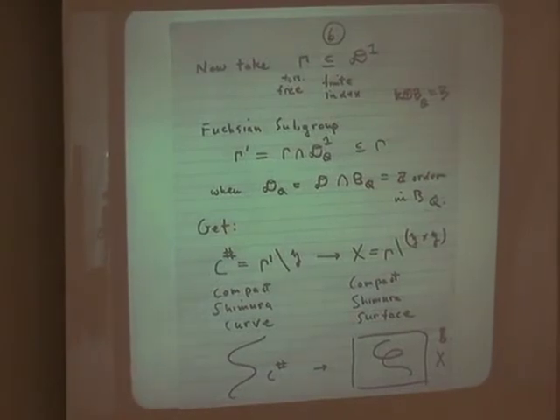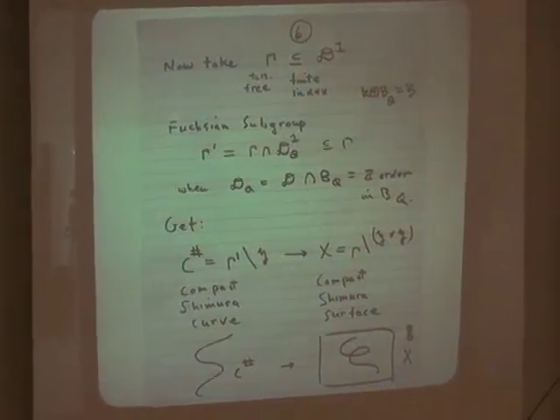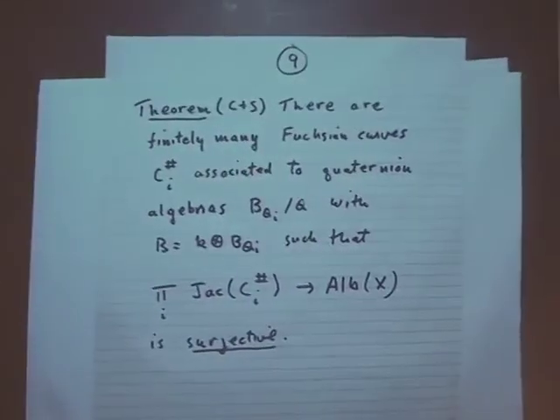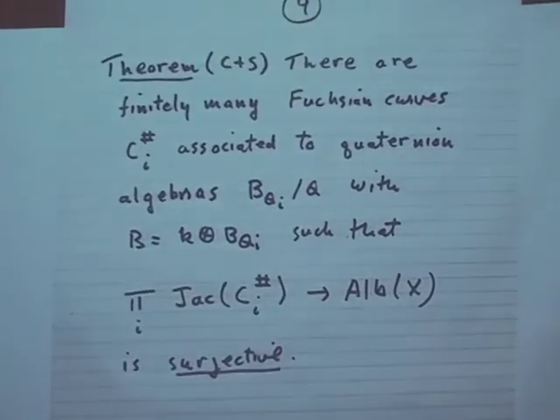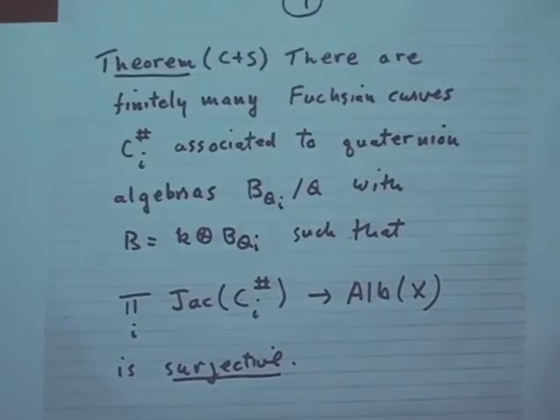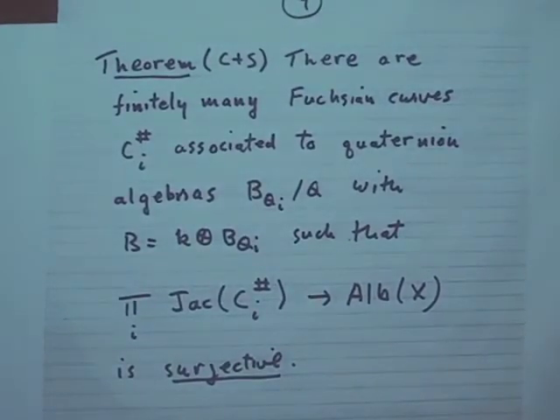But this is the theorem that we want to go for next time: that you can find finitely many Fuchsian curves that come from quaternion division algebras over Q that base change to your B, as long as B comes from at least one such thing, so that the Jacobians of those curves generate the Albanese. The morphism from the product of the Jacobians to the Albanese is surjective.